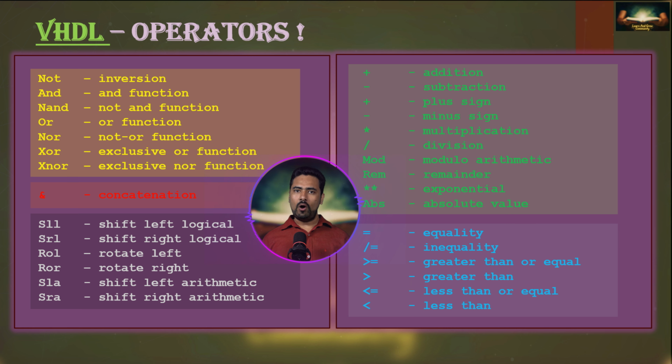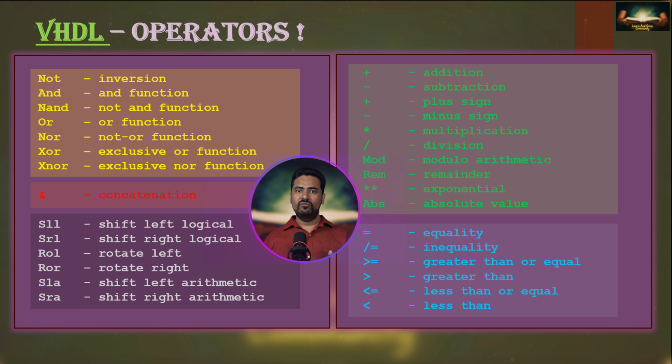Okay, so by now we have discussed all these listed operators supported by VHDL. We covered multiple examples and demos to understand them and their functions. And now we know how to use them as well. But still, we need to use them very carefully, especially when you are writing statements by combining multiple operators in a single statement.